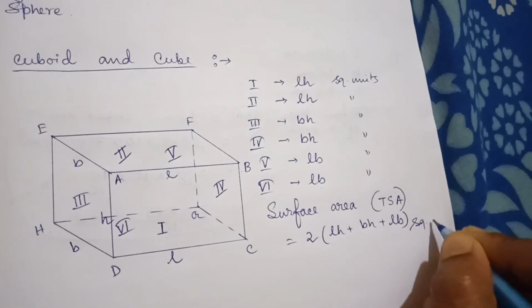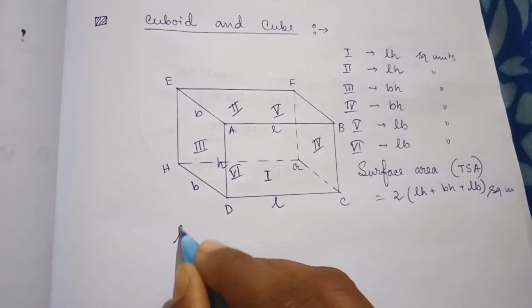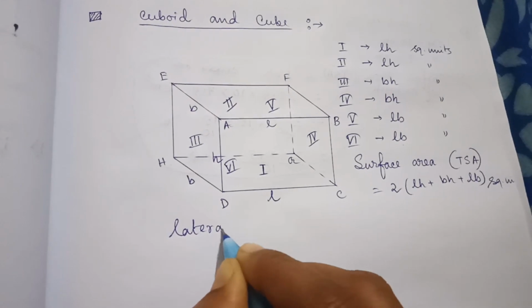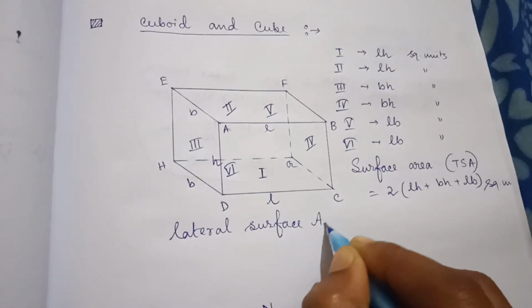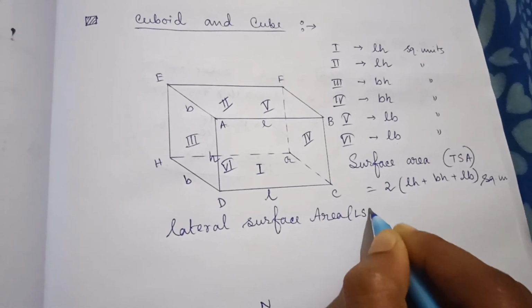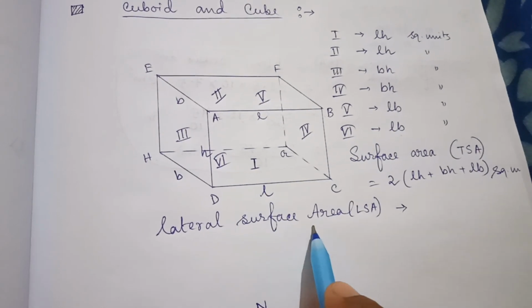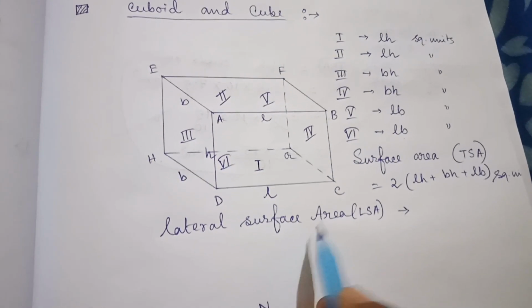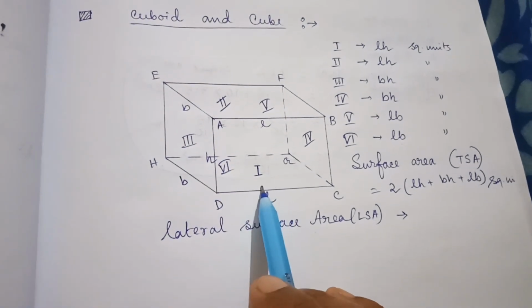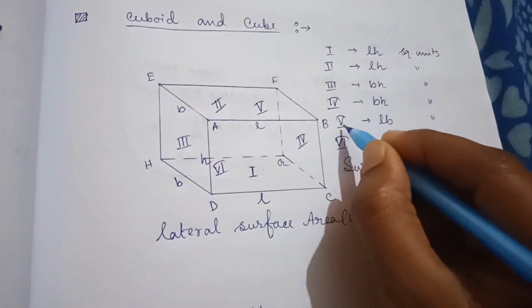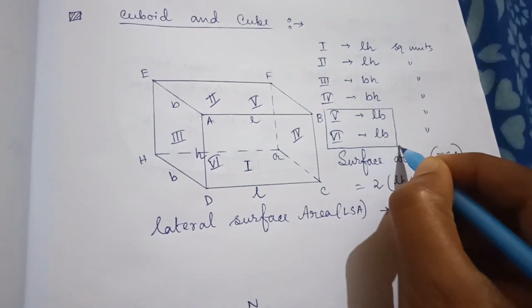Square units. Now there is another term called lateral surface area, and its short form is LSA. Lateral surface area means we have to just exclude the top and bottom surfaces. That means we exclude 5 and 6.